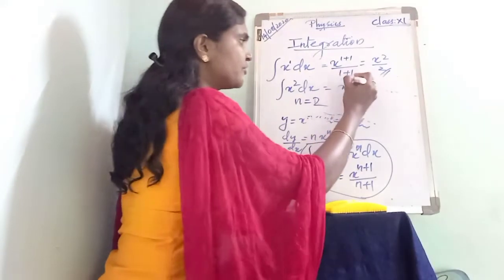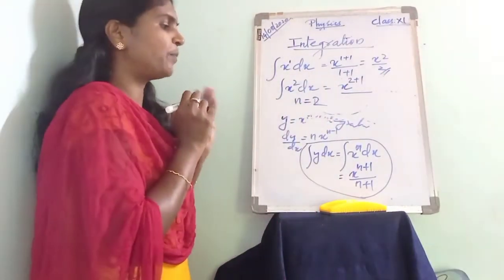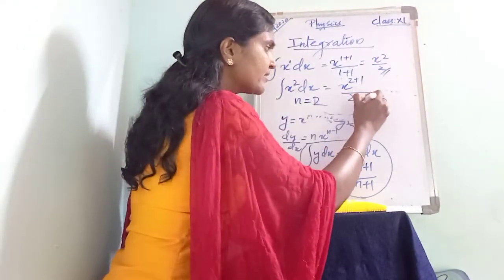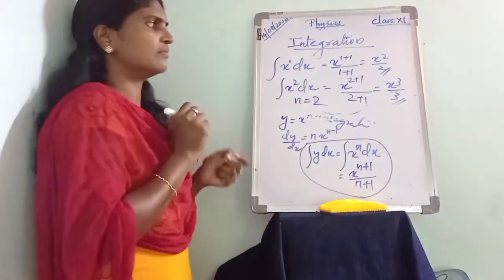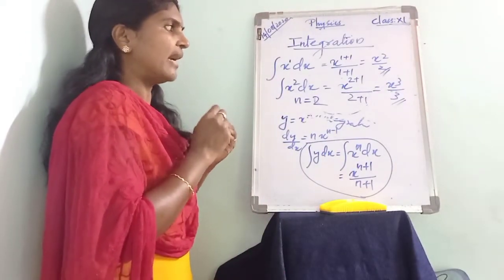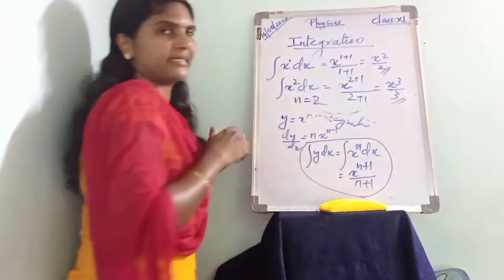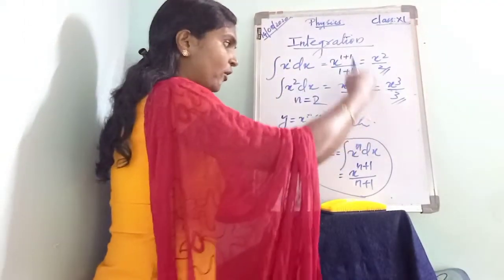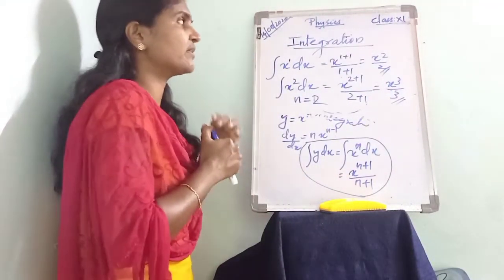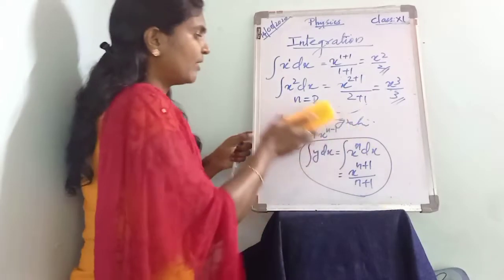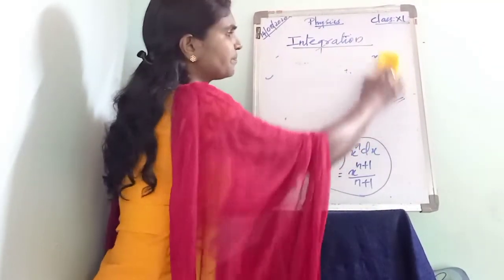So x raised to 2 plus 1 divided by 2 plus 1 is x cube divided by 3. This is the value of integral x square dx. In all these cases we have found the values, and that is the process of integration. Is it clear for you?